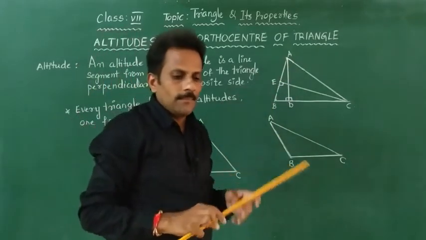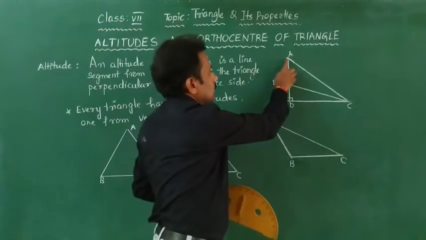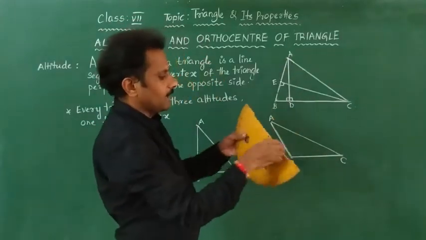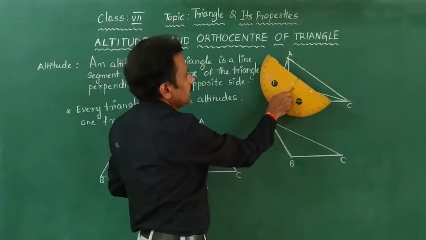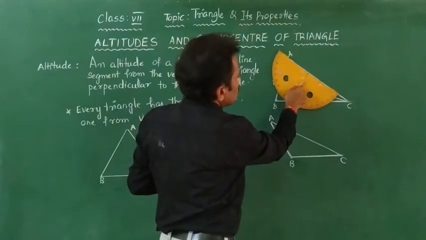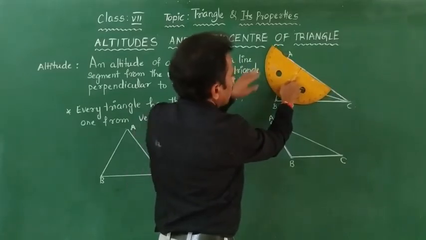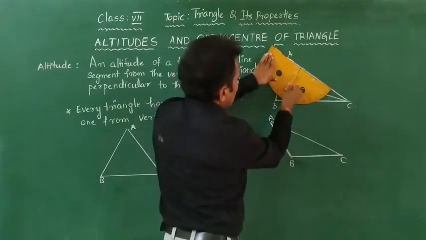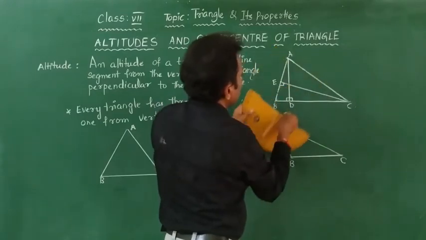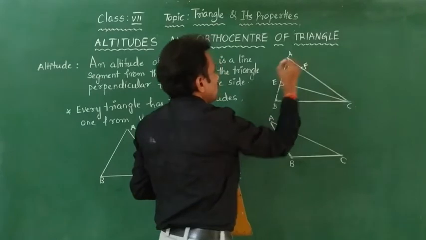In that way, let us draw altitude of AC also. So for that we have to take protractor, and we should ensure that the edge of the protractor coincide with AC. And here you can mark this point, let me take as F.